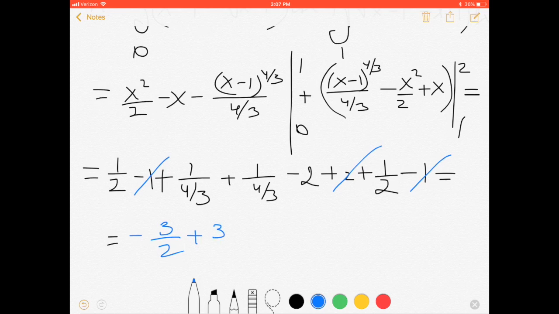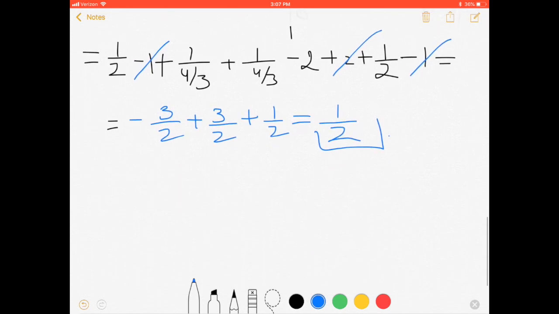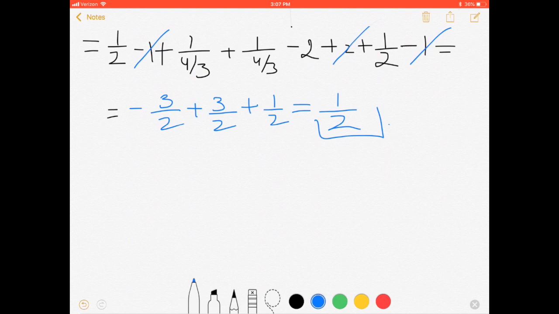Oops, I forgot about this 1/2 and plus 1/2. I think it's 1/2, it's fine. We have the final answer, it's 1/2. If I'm not making an arithmetic mistake, this means the answer is 1/2.